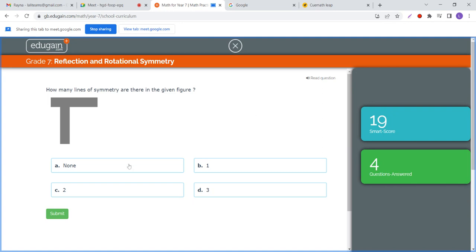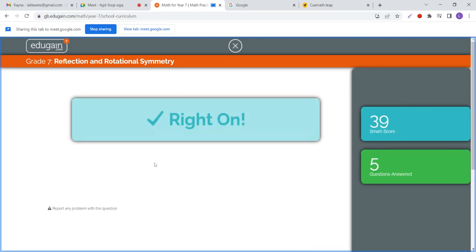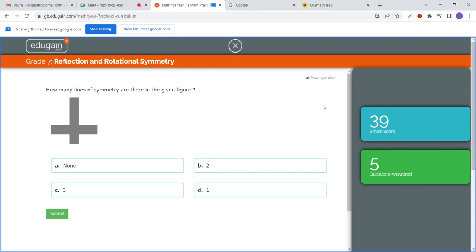That's correct. One would have been wrong. How many lines of symmetry? None. Why? Because one is cross and one is straight. They can't add up.